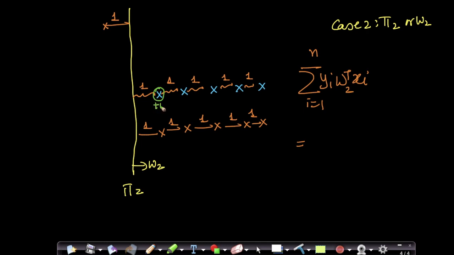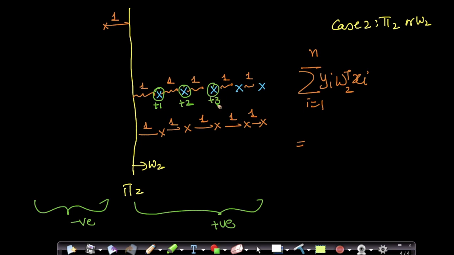So the signed distance for this is plus 1. The signed distance for this is plus 2, because it is at a distance of 2 and it's a positive point on the positive side. Remember, this is the positive side of the hyperplane and this is the negative side. Let's not forget those basics, okay? For this, the signed distance is plus 3. For this, plus 4, and plus 5.